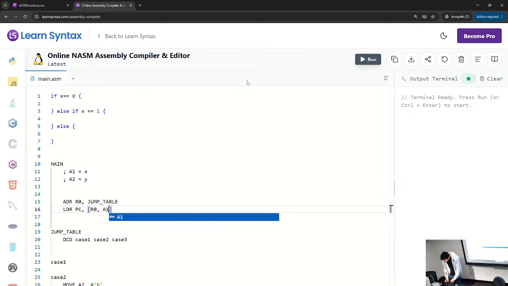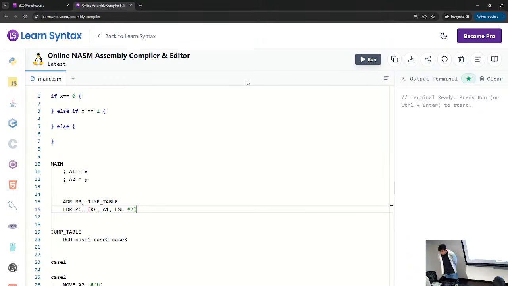What we can do is just left shift it by 2. So this shifts A1, which is a number from 0 to 2, left by 2, which times it by 4, which then corresponds to our different cases in the jump table.